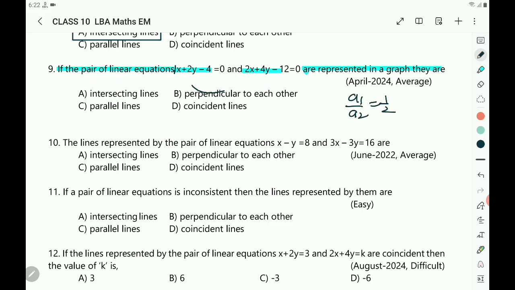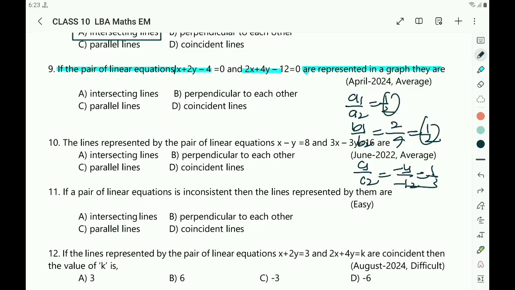Then B1 by B2, the coefficient of y, equals 2 by 4, that is also 1 by 2. Next C1 by C2, minus 4 by minus 12, you got 1 by 3.